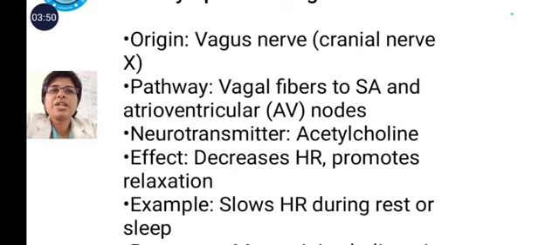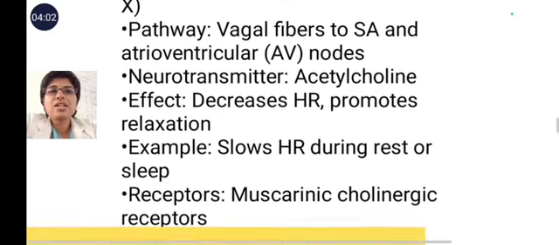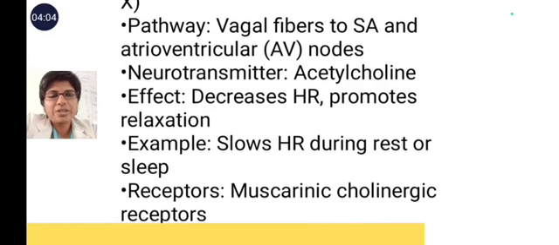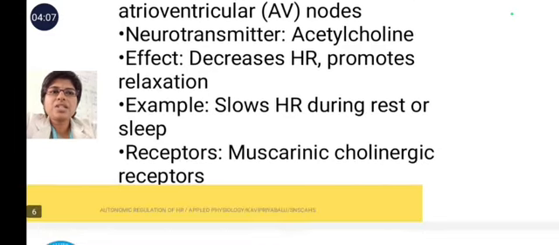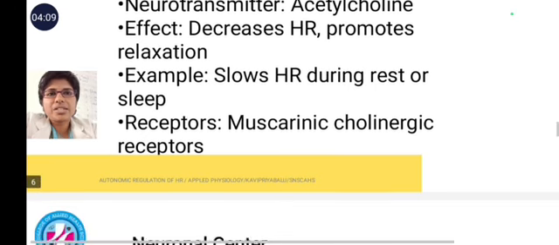The sympathetic nerve depolarizes the heart muscles, and the parasympathetic nerves relax the cardiac muscles. Examples are the slowing of heart rate during rest or sleep. The receptors are muscarinic cholinergic receptors.